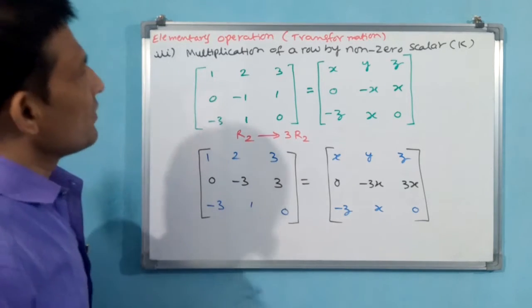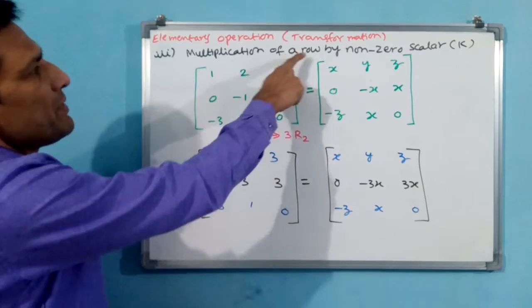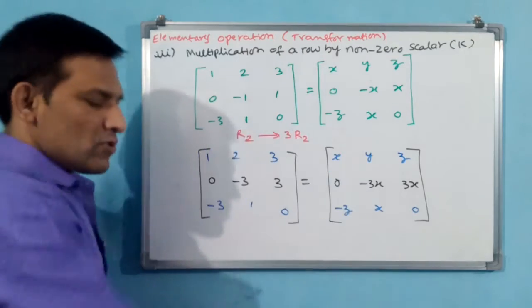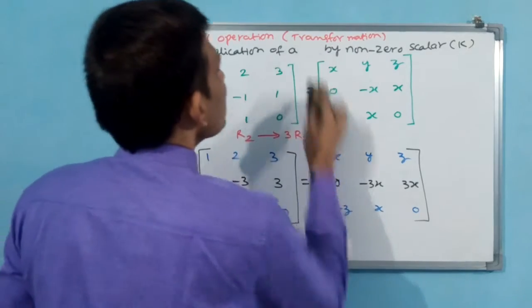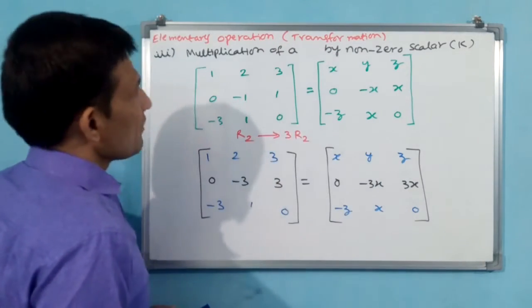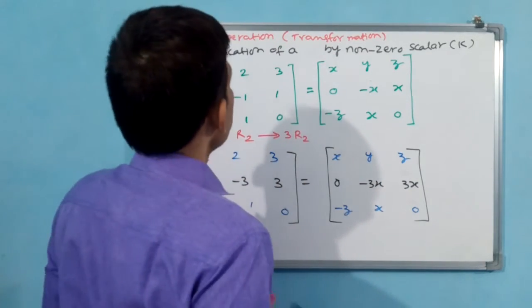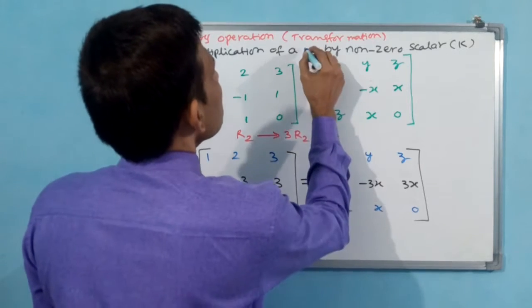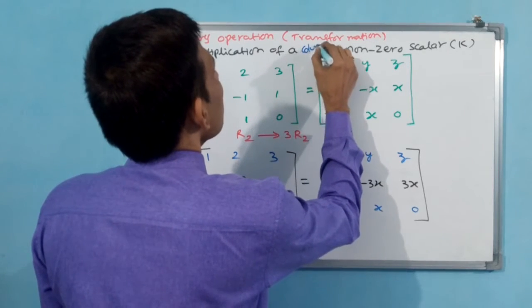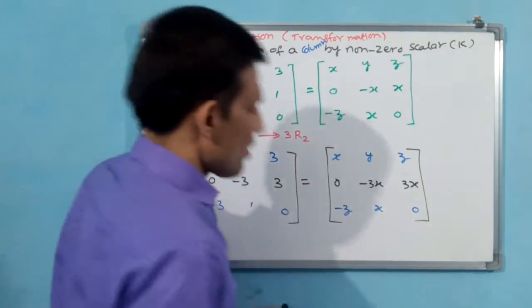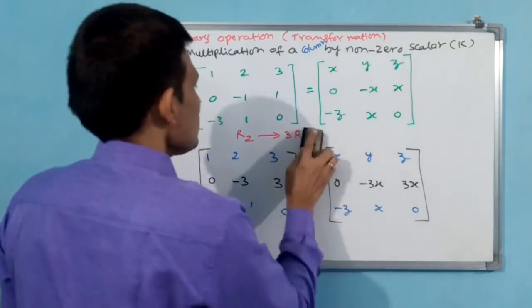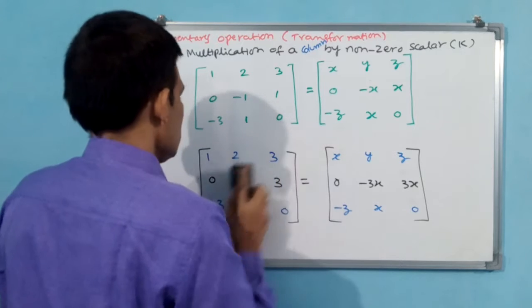Let us go for the fourth operation. Here, multiplication of a row, rather than row, I am writing column. Multiplication of a column by a non-zero scalar. These are going to be changed.